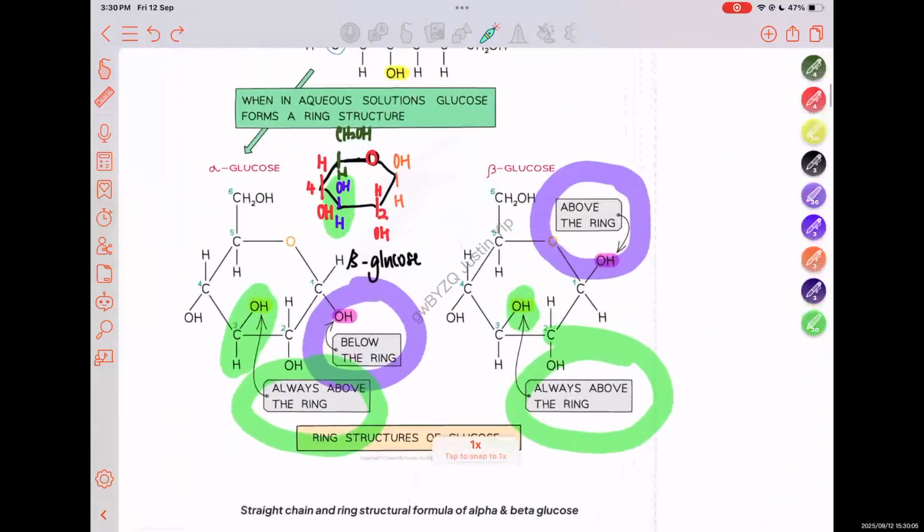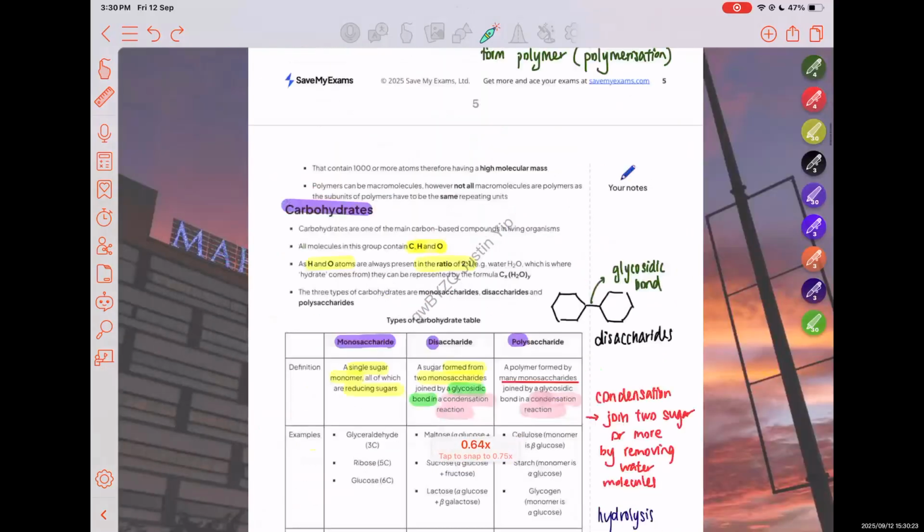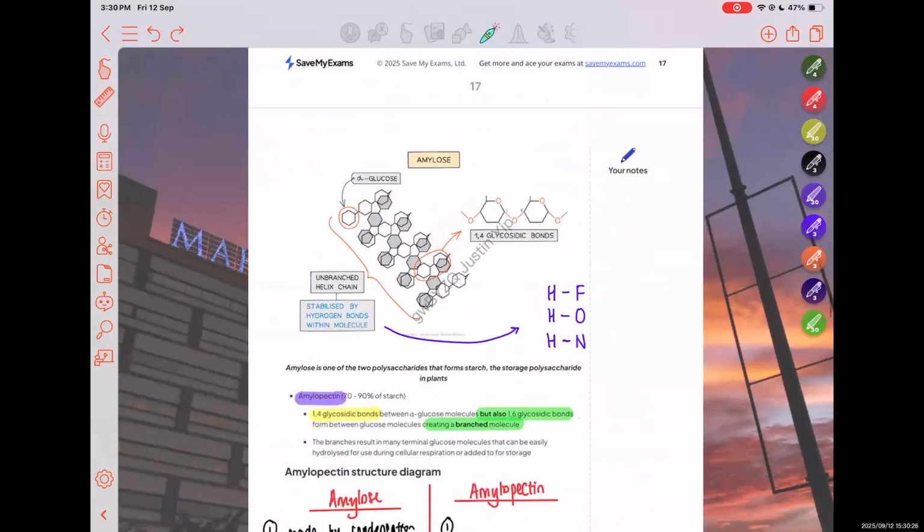Beta glucose initially is like that, right? OH, H, and this is HOH. So right now you imagine they turn 180 degrees, they turn the whole thing, and they become this one.